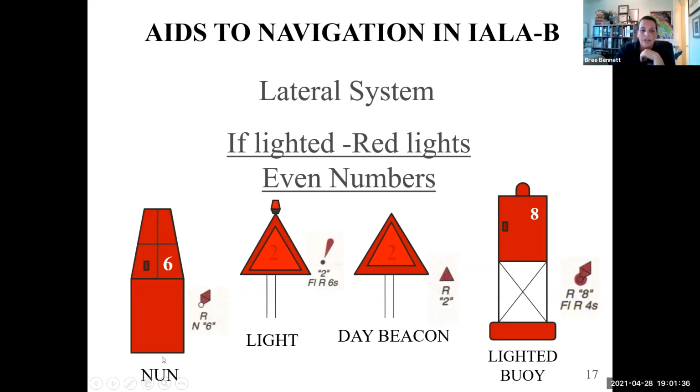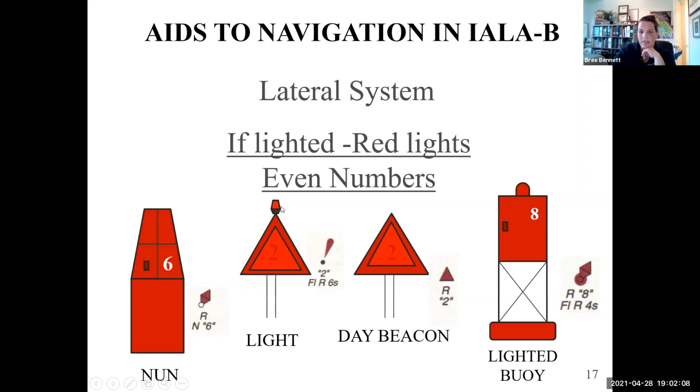So again, you have your shaped buoy, the nun buoy with the number 6. The indicators here are saying that the buoy itself is red, the shape is a nun, and it has a number 6 on it. For our light, our day-shaped light, it has a number 2 on it, and then it's giving us characteristics of the light itself: flashing red every 6 seconds.